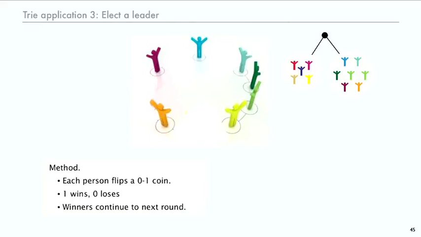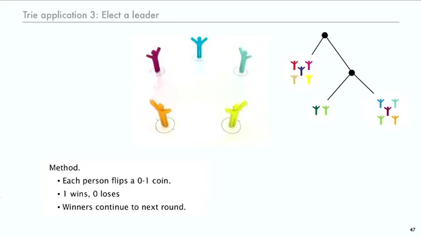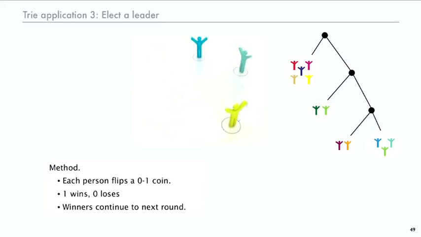So now we just worry about the ones that got 1s. Again, they each flip a coin. In this case, the 2 green ones get a 0, so they're the losers and they're eliminated, and only the ones that got 1 continue to the next round. They each flip a coin. Again, 2 are eliminated and 3 are left, the ones that got 1s. They each flip a coin.